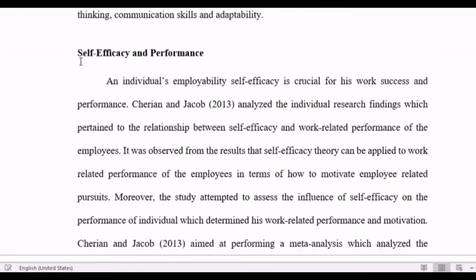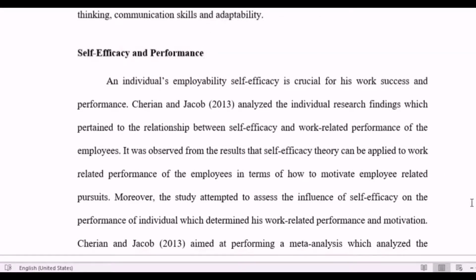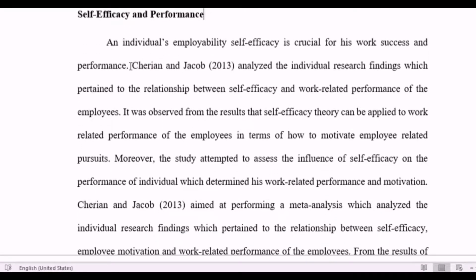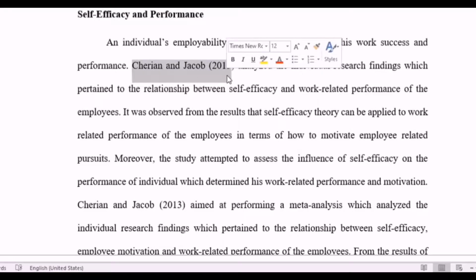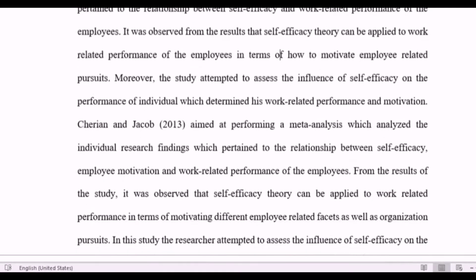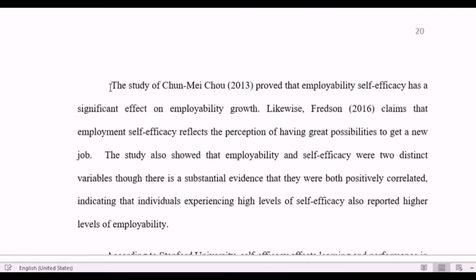And then another topic na naman, no? Self-efficacy and performance. So again, nag-start siya ulit sa related literature about self-efficacy and performance. No? And then pumunta siya ngayon dito sa mga studies ulit.